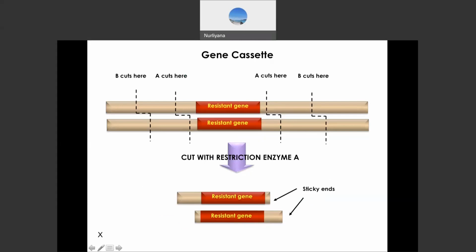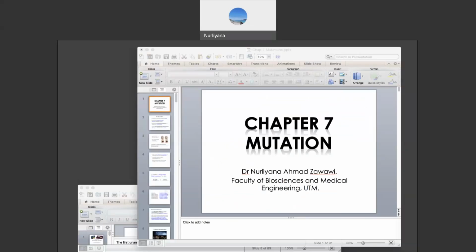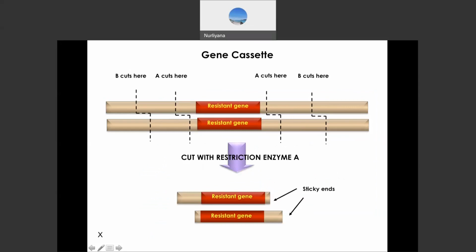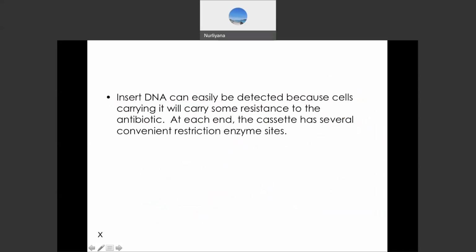It is a technology that helps you to do more modifications for experimental purposes. Inserted DNA can be easily detected because cells that carry it will carry resistance to the antibiotics.